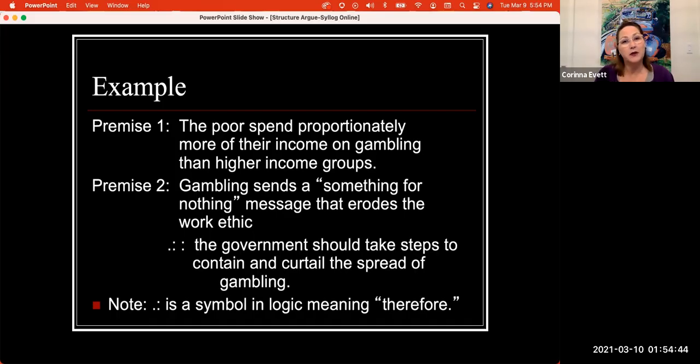I think it's also really important in any argument we write that we need to think about the progression of our thought and how our premises and our reasons relate to each other, and which makes more sense and is more logical to come first, second, third, fourth, in order to prove our thesis statement. In other words, what's the relationship between our reasons and our premises? And how does that get us to our conclusion?